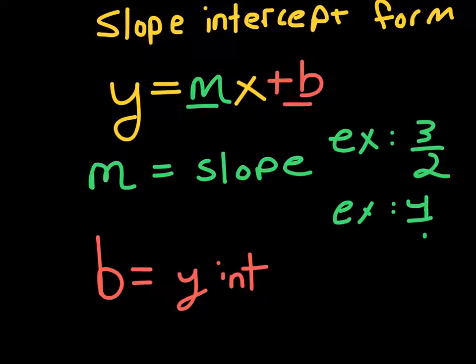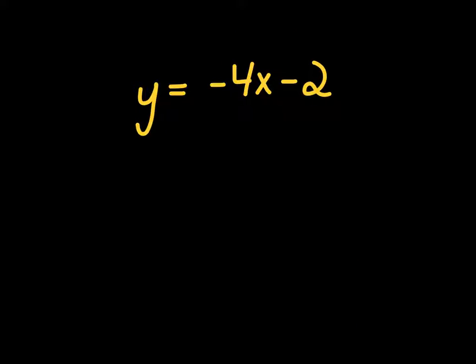So if we had a b of, let's say, plus 2, we know that this line crosses the y-axis at positive 2. If it's a negative 4 in this spot, we know that this example line would cross the y-axis at negative 4. I know this is a lot of words, so let's try to do an example and see if we can identify the different parts.